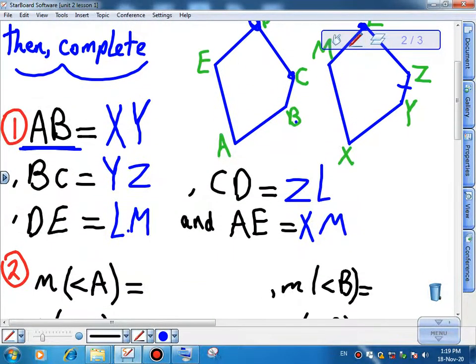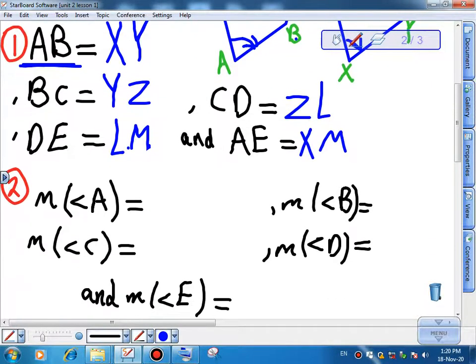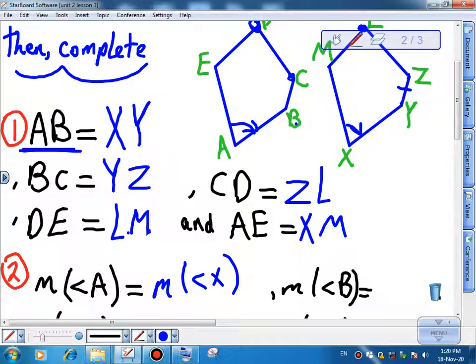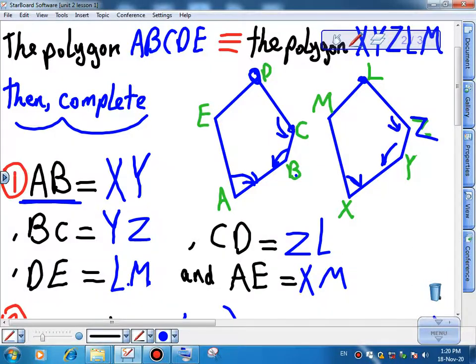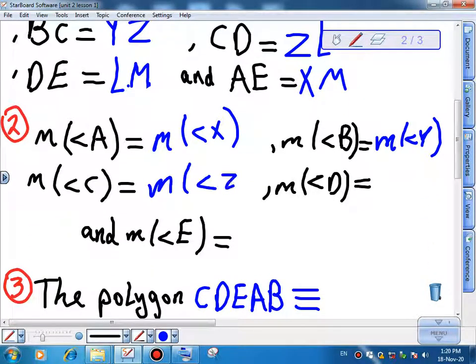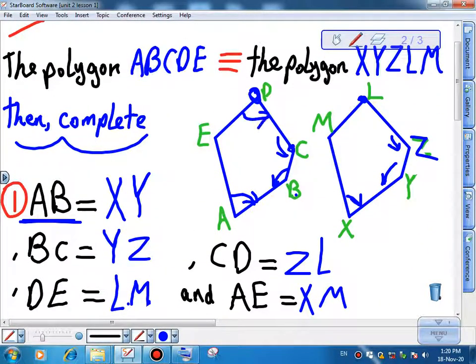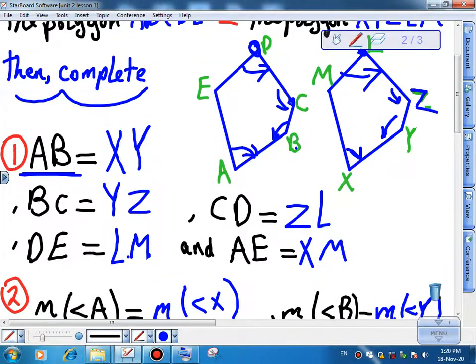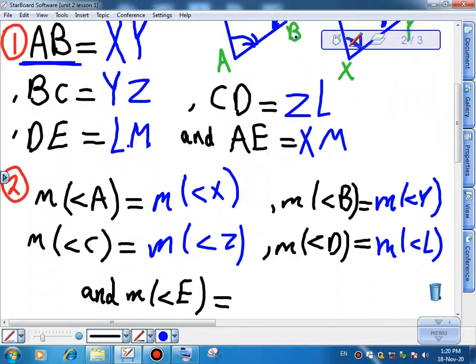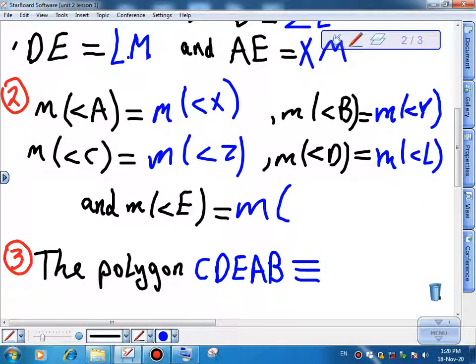Angle A will be congruent with, the same, equal with angle X. So the measure of angle A equals the measure of angle X, and the measure of angle P equals the measure of angle Y. Angle C equals the measure of angle Z. The measure of angle D equals the measure of angle L. And the last angle, angle E, equals angle M. The measure of angle E equals the measure of angle M.